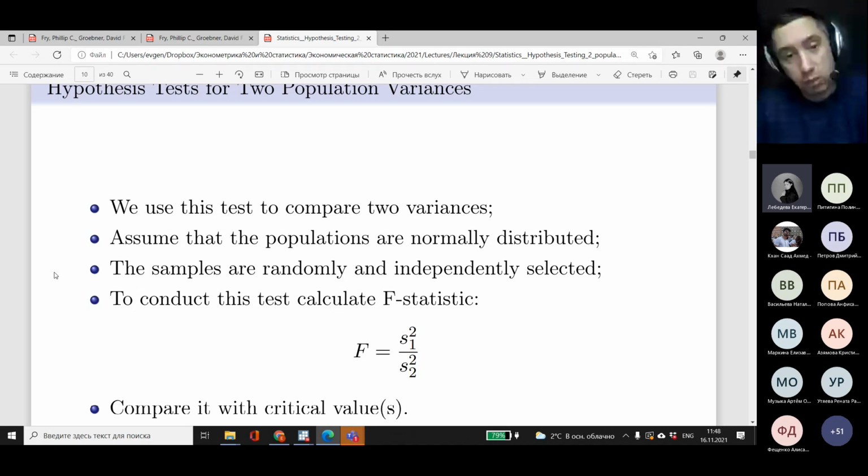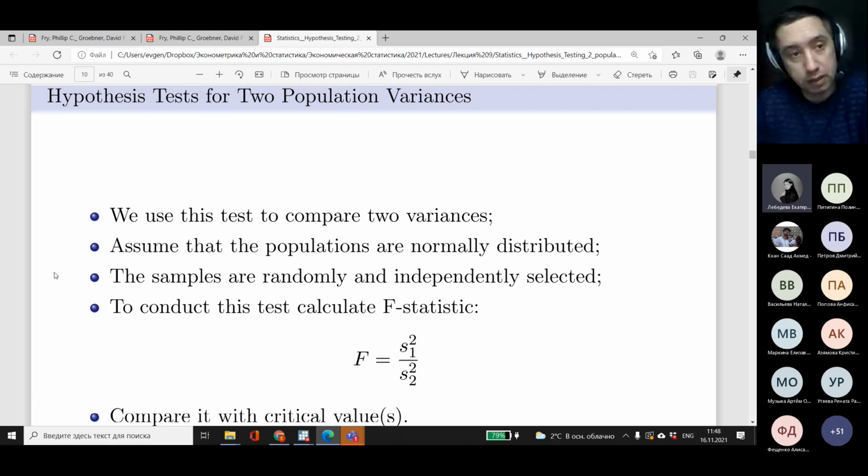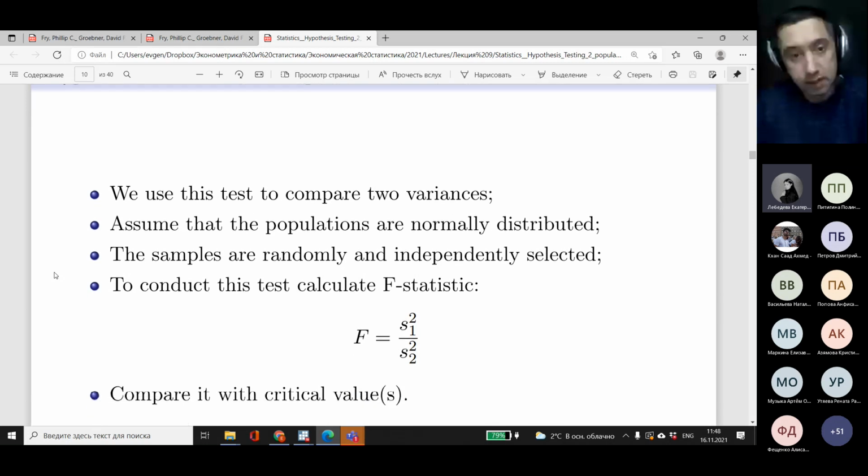To do this, you should also rely on hypothesis testing, but with a little bit different procedure. First, if you want to compare two variances, you should ask yourself whether your samples are randomly selected, i.e. whether your sampling is good, whether the variables are continuous.